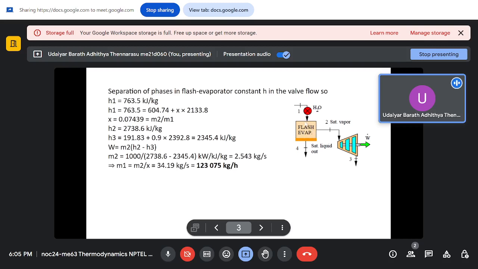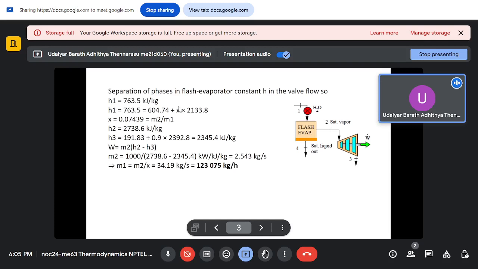This flash chamber, which is at 400 kilopascal, will split into vapor and liquid. So we need to find the fraction in which the vapor is getting split. Corresponding to 400 kilopascal, we will find the saturated vapor and saturated liquid enthalpies. So H1, which is 763.5, the inlet, will be equal to the enthalpy of liquid plus the vapor fraction times the latent heat, which is saturated vapor enthalpy minus saturated liquid enthalpy.